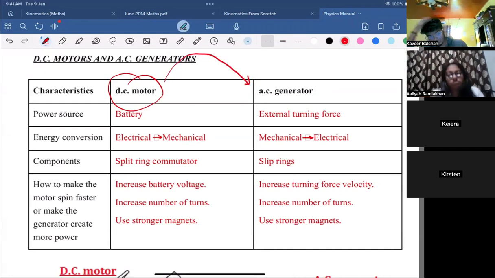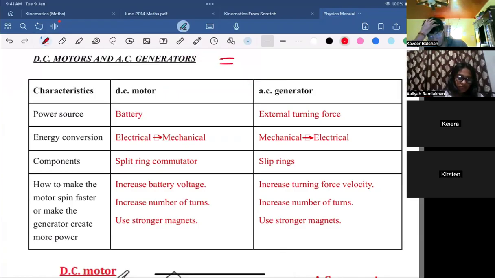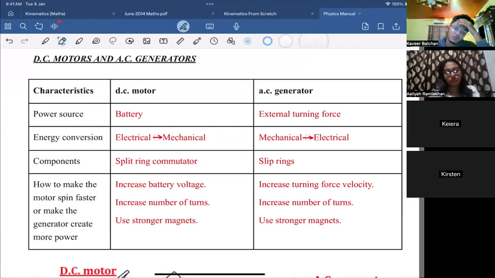So let me say that one more time. In a DC motor, you hook up a battery and it spins. Aliyah, if you have any racing cars or anything, I doubt it. Okay, you know what you're going to have? You're going to have a hair dryer. What do you think a hair dryer is used for? To push air.